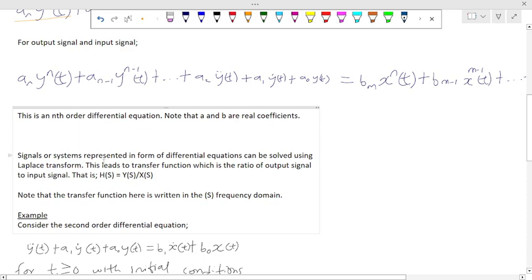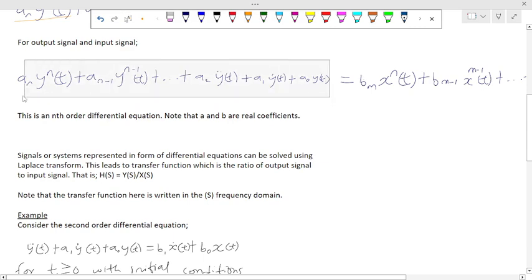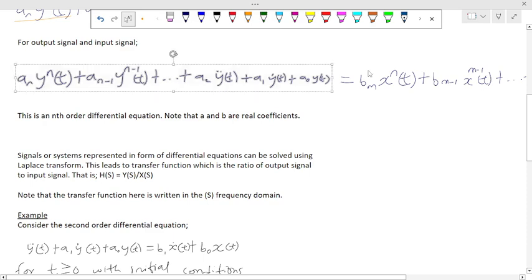Okay, so of course this will lead to a transfer function, which is the ratio of output signal to input signal. So H of s equals Y of s all over X of s. That means these are output signal divided by our input signal will give us the transfer function.